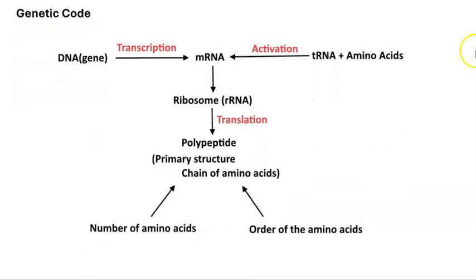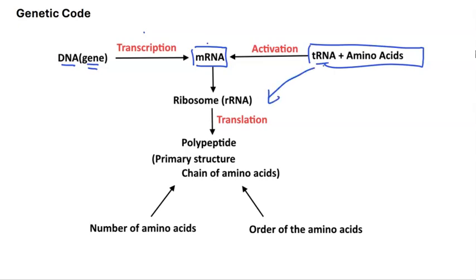So we've already looked at the way in which the short section of DNA which codes for a protein, called a gene, is transcribed into messenger RNA. What we then need to think about is how the amino acids have been activated and transported by tRNA to the ribosome, where with messenger RNA, the polypeptide chain can begin to be produced.